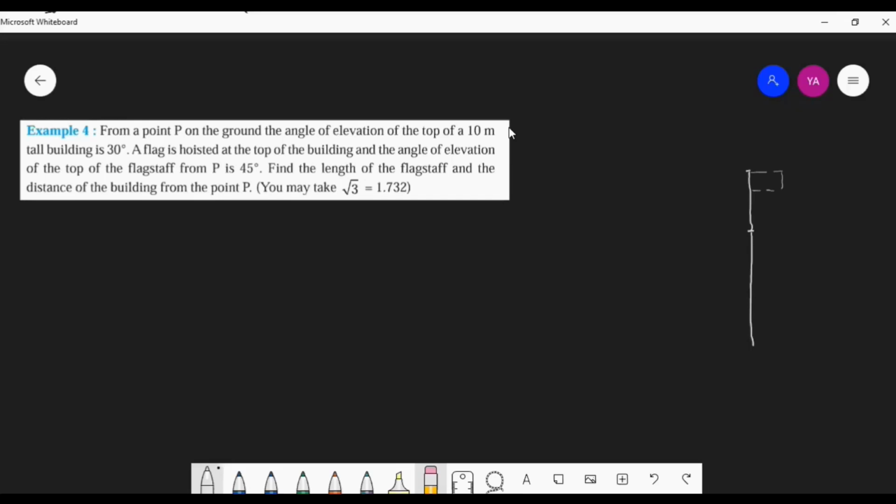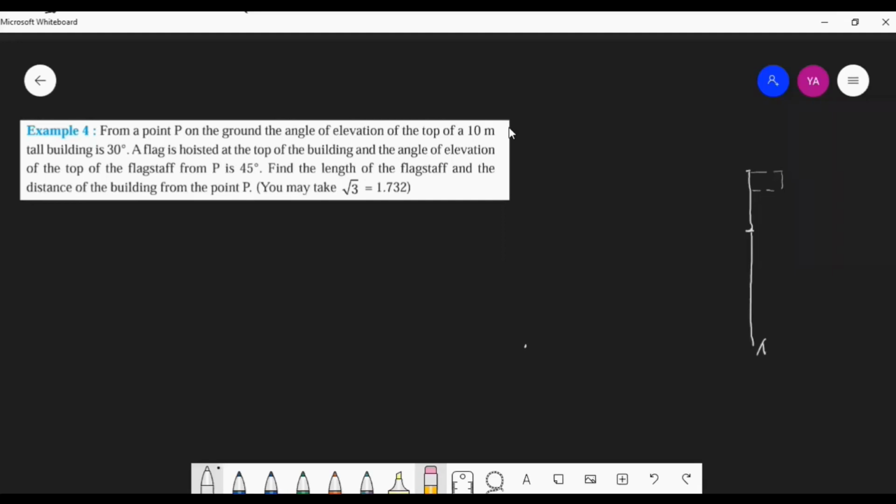From a point on the floor, we can call it P, to where we are looking, the top of the 10-meter tall building, is 30 degrees. A flag is hoisted at the top of the building and the angle of elevation of the top of the flagstaff from P is 45 degrees.